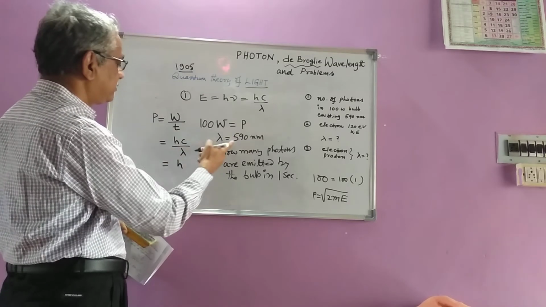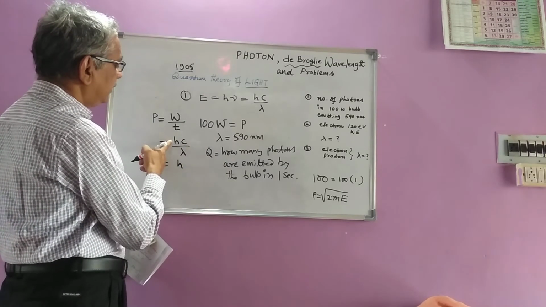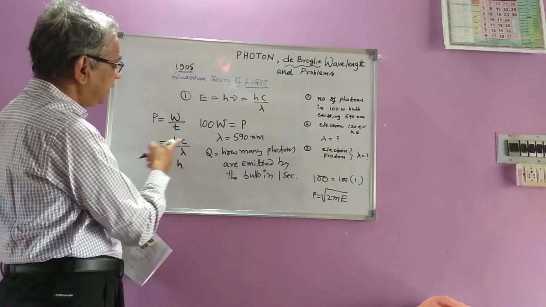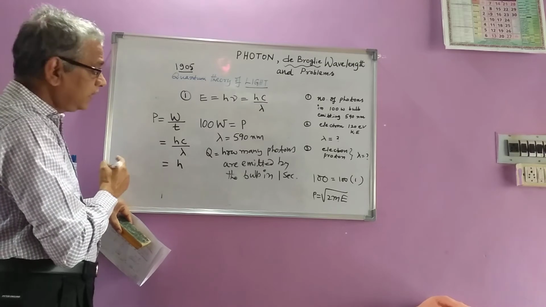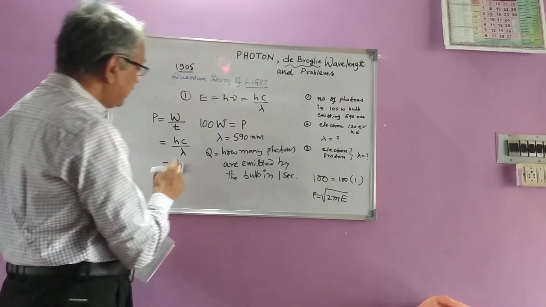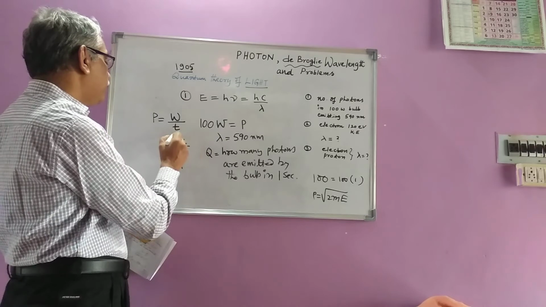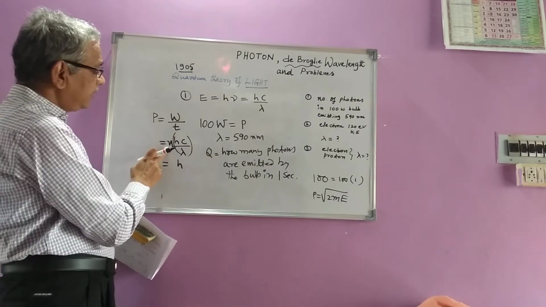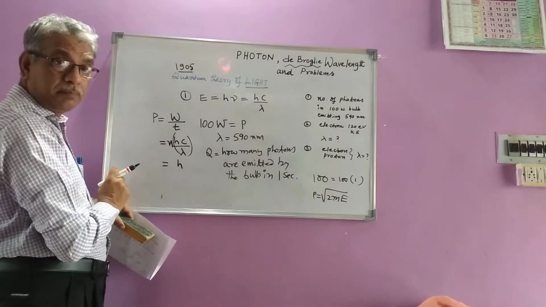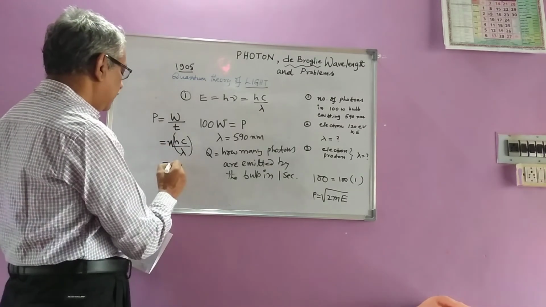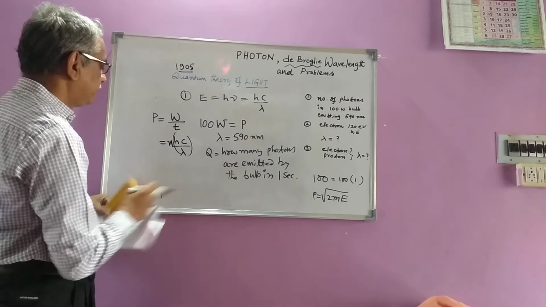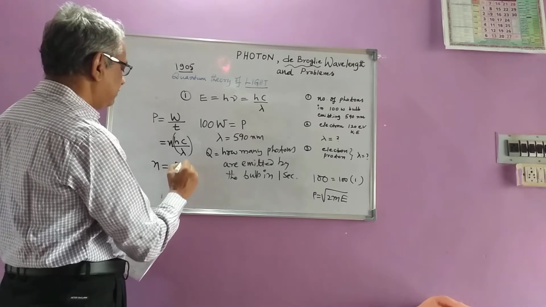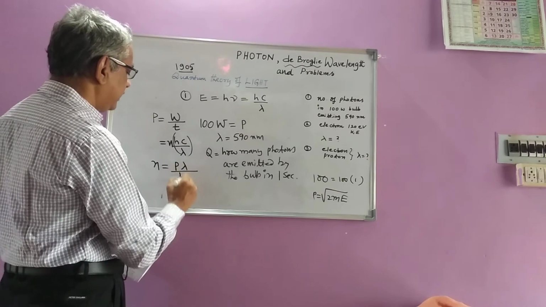So lambda I can substitute, c I can substitute, h I can substitute. I can write the power 100 watts in terms of this. So from there I will calculate how many photons are there. I will write here there are n photons. n hc by lambda is equal to power. So therefore I can write n, the number of photons, is equal to P multiplied by lambda divided by hc.